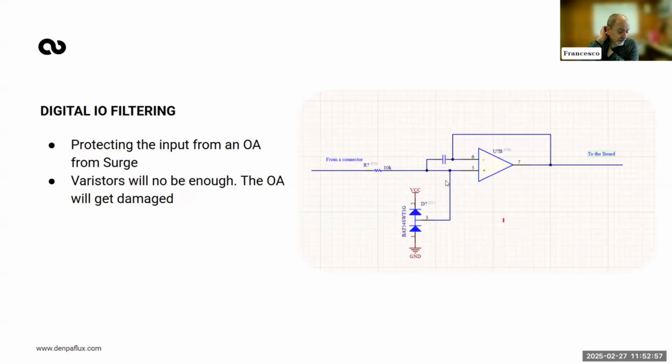Now, the standard, for example, there are industries like the light industry, where you have wires that are wired very close to the mains. In that particular industry, you need to do field tests on this kind of connector. So without this kind of solution, a resistor with this, your operational amplifier will get damaged.